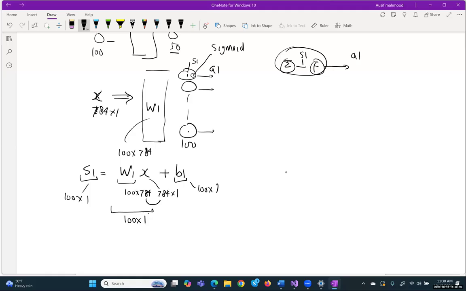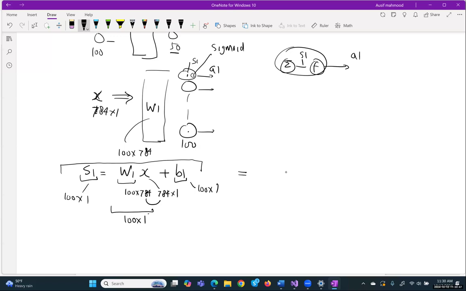First of all, we need to remember that at the same time as we write on a piece of paper and say this equation is proper, the next question is, how will we write this equation in Python? Suppose W1, S1, X, and B1 have already been declared as NumPy arrays of these sizes.